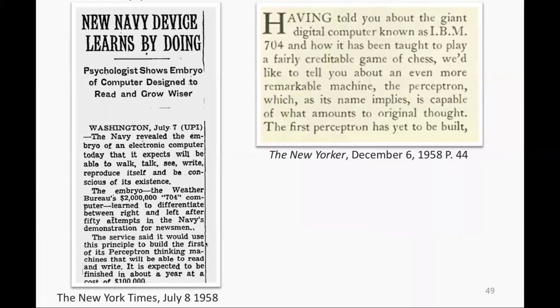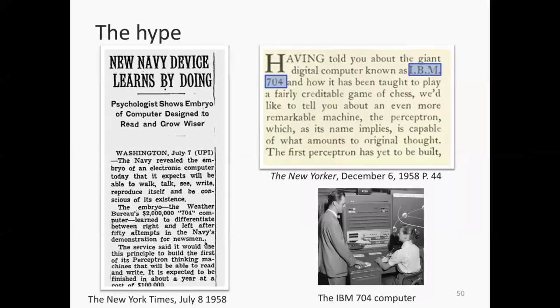It led to many other work, and it led to popular press like this. And the interesting thing was this was implemented in the IBM 704, which is actually that box there. This is the computer.